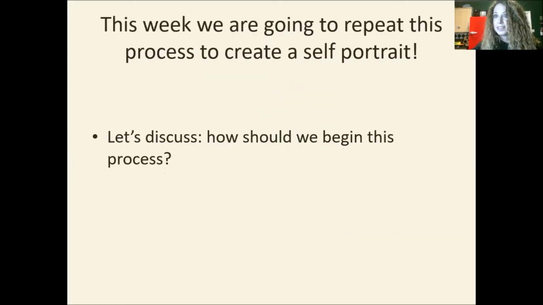Okay. So today we are going to repeat this process to create a self-portrait. Now obviously if you're going to do a self-portrait, first of all you're going to need a picture of yourself that you're going to distort and cut up. Now that might be a bit tricky if you don't have a printer at home, or if you don't have a photograph that has been printed in the past that you can cut up.